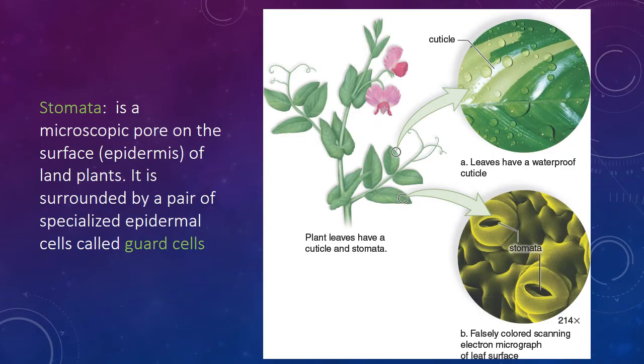So one thing you may have noticed or may have thought of is when we have a wax cuticle, sometimes that means that that is impermeable to air as well, so it would impede gas exchange. So plants have what we call stomata, which is basically a small pore in the surface of the epidermis, and it allows for gas exchange.